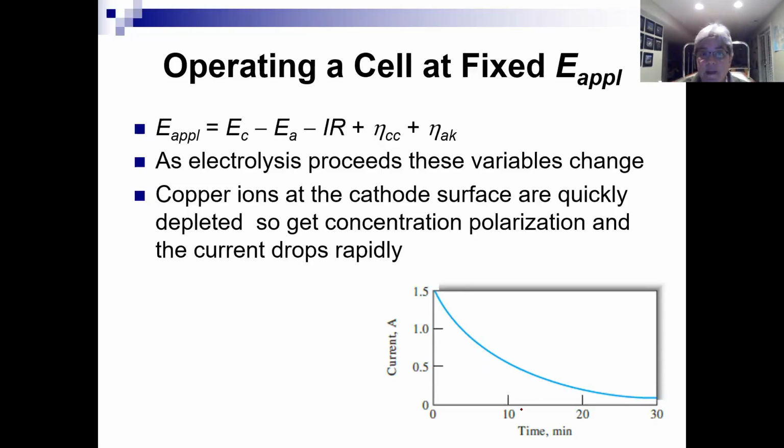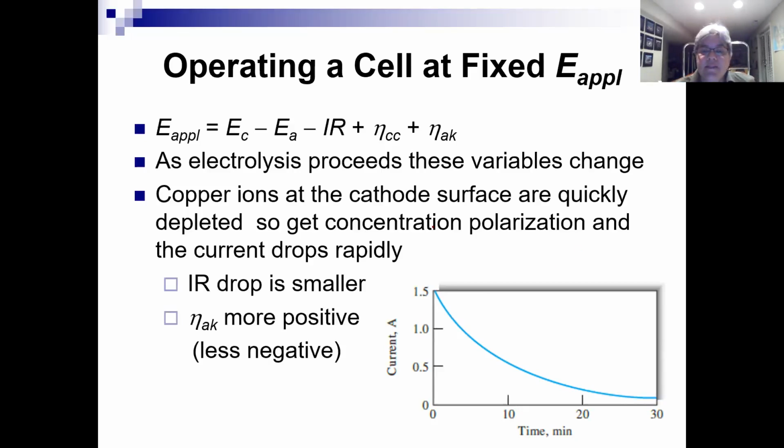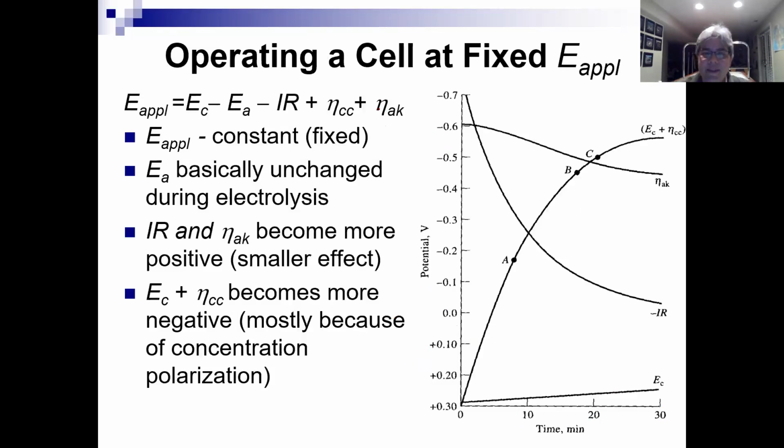Now that affects everything else. If the current gets smaller, the IR drop will be smaller. This anodic kinetic potential actually gets less negative, more positive, because if the current is smaller, then this is a smaller effect. This term that in the beginning we said was 0, now it's not 0. It now becomes a more negative term. So as this reaction is occurring, we've got all these different things going on.